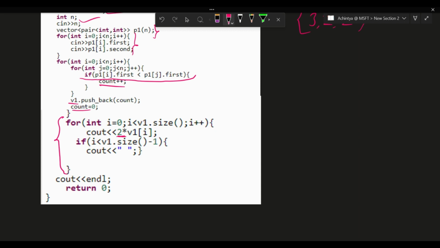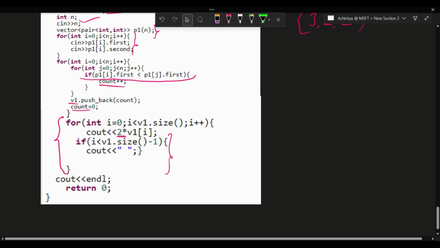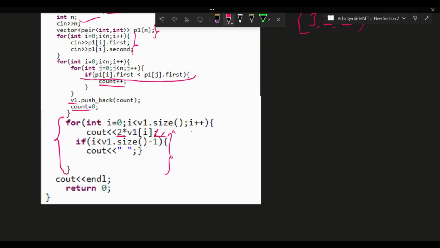You might be thinking that I didn't include this thing in the logic part, that is, if i is less than v1 dot size minus 1. In my code I wrote this here, but when I was submitting it, the submission format is a bit different. Suppose you are printing 6, 4, then 2, 0, and 8.